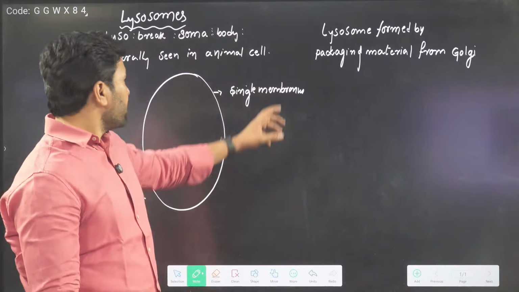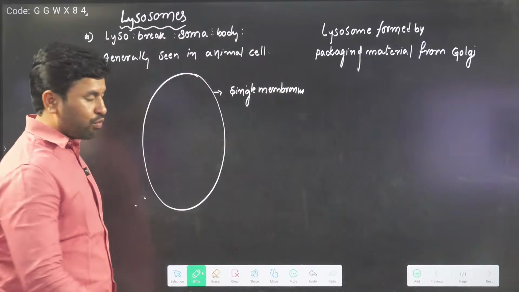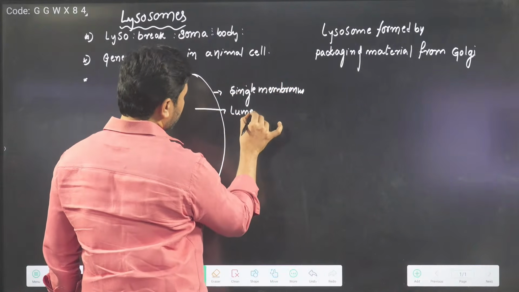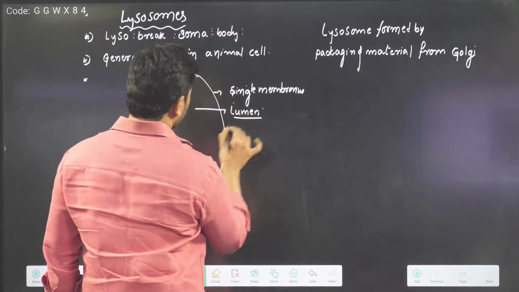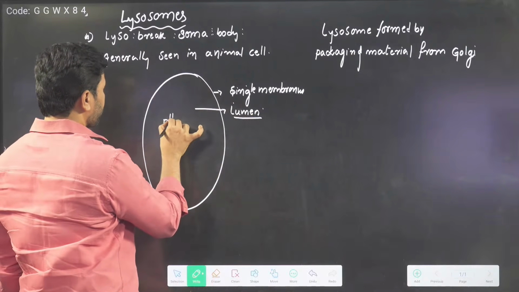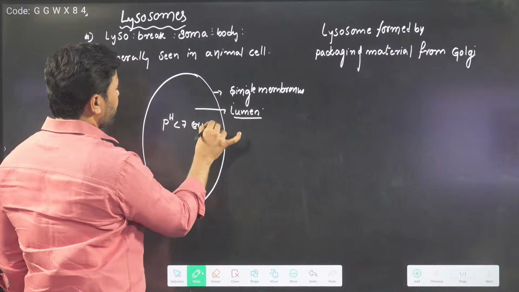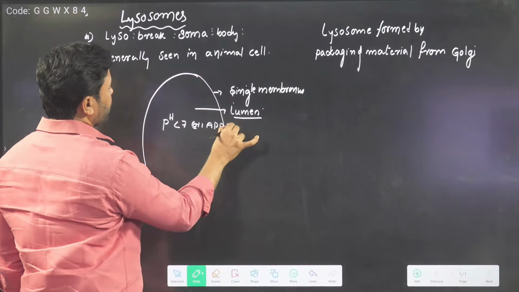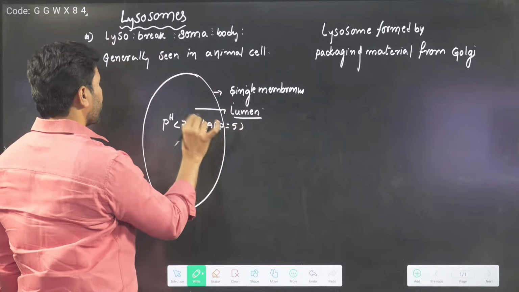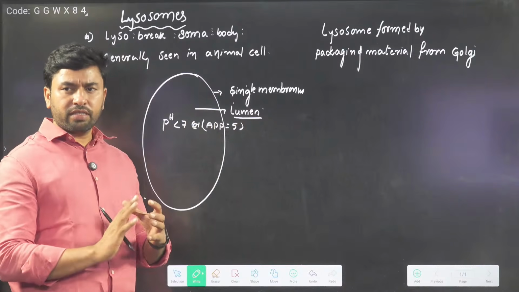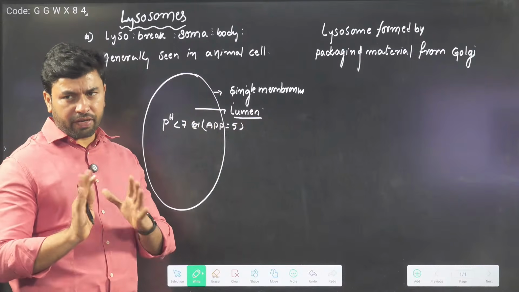Simple. Inside the lumen of lysosomes, this is called the lumen of lysosomes, there exists a pH that is less than 7, approximately 5. Less than 7 is the general sentence, approximately 5.